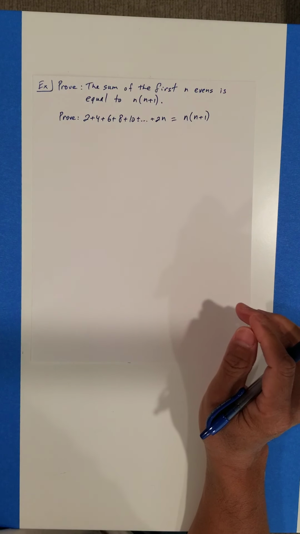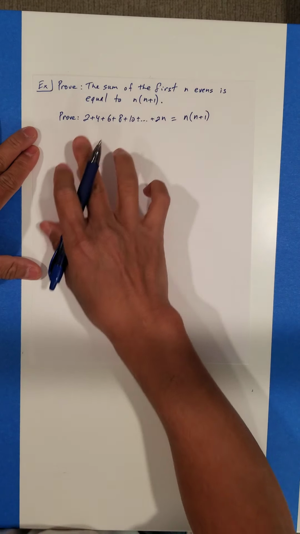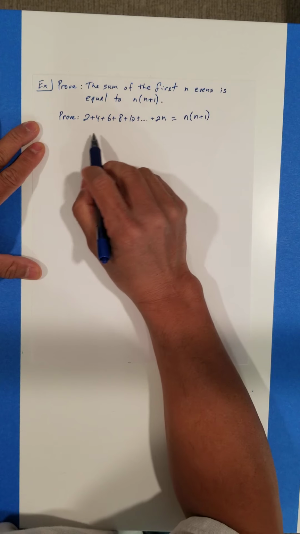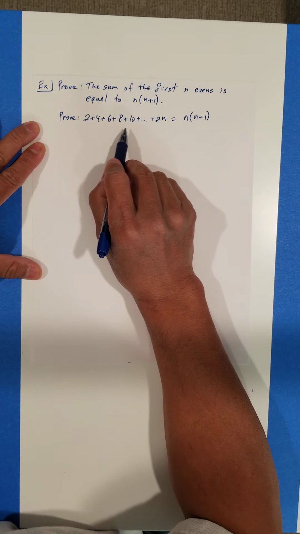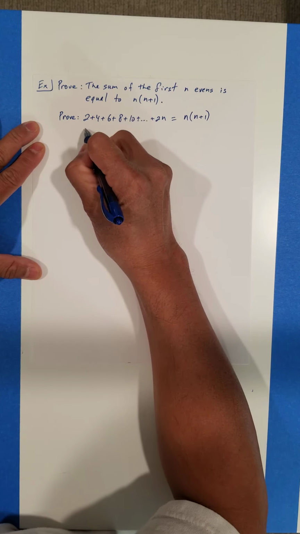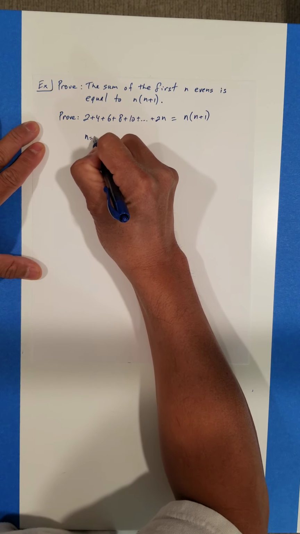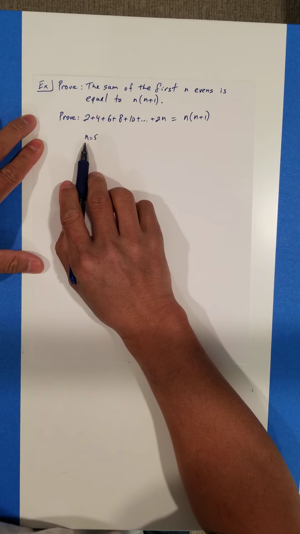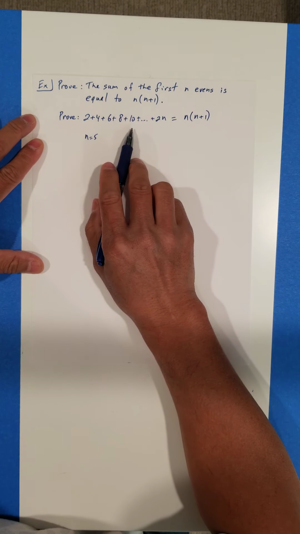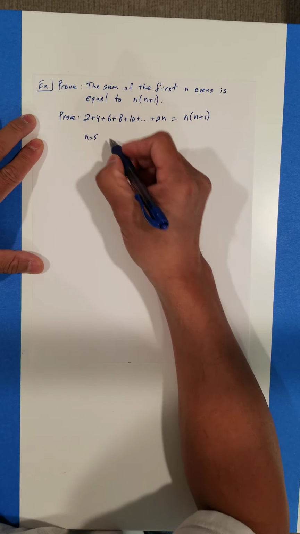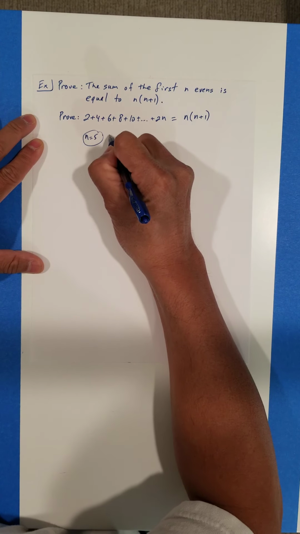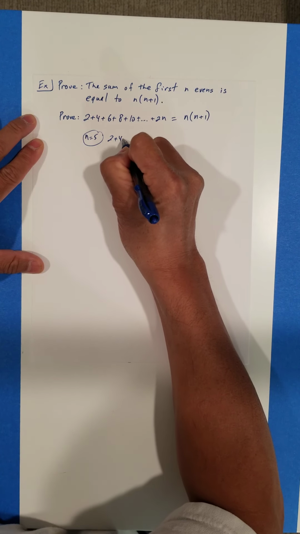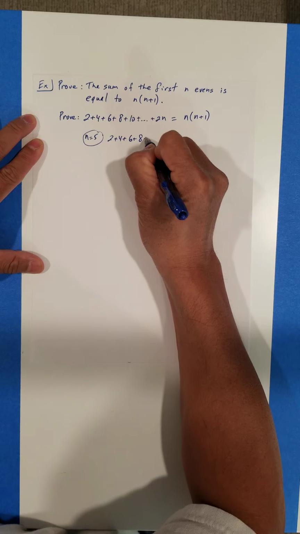What this basically means is, for example, I want to add up any amount of numbers. Let's say I want to add up when n equals 5. This says I take the first 5 numbers, not just put 5 in here: n equals 5. On the left-hand side, I'm going to take the first 5 numbers, 2, 4, 6, 8, and 10.